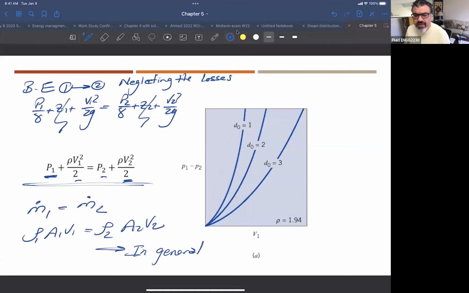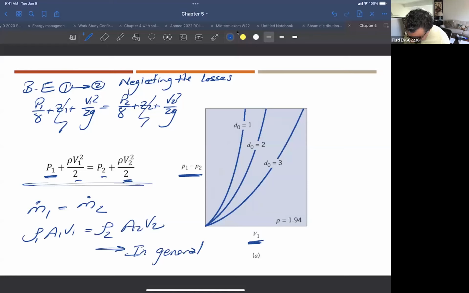Now if I make an experiment and I measure P1 and P2 as a function of V1, so I know what V1 is. Let's say I know how much mass is coming in, so I know the density, and I know V1.